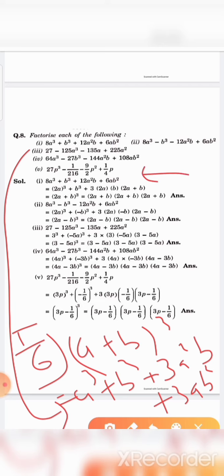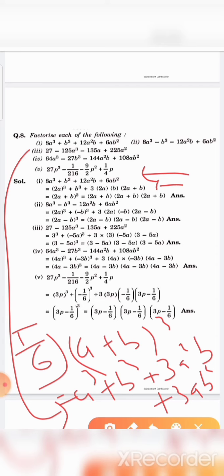Our first term 8a cube means 2a whole cube, b whole cube, plus 3 into 2a square, here first term is a, so we write 2a square, and then second term using the identity, 2a into b into 2a plus b.